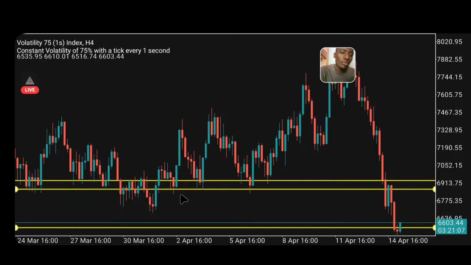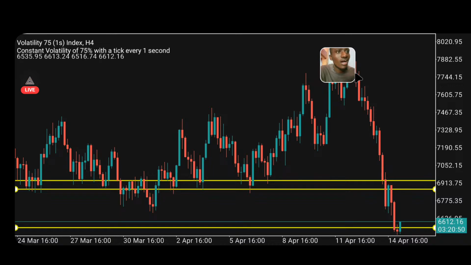By the way, the daily candle doesn't have a top wick. So to be safe, like I said, it's always safe to put a sell stop below the candle lows, because this is just market structure being formed.